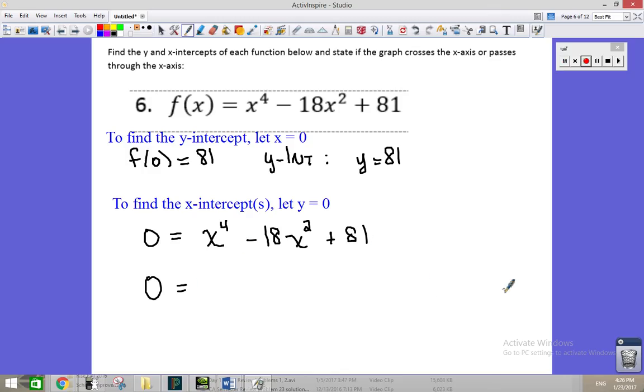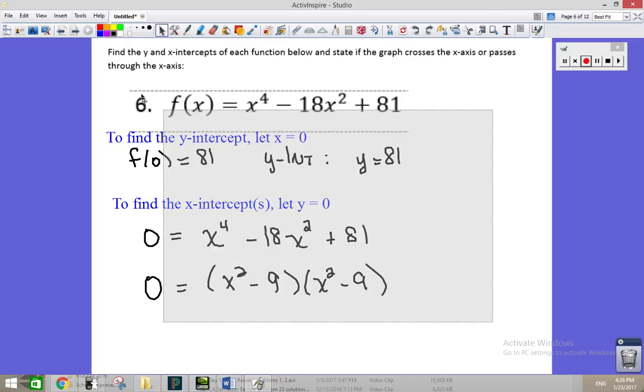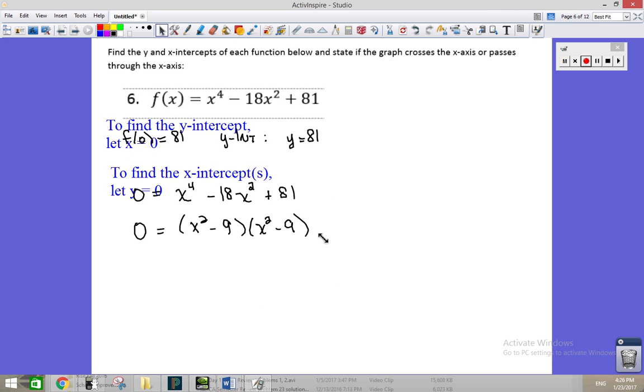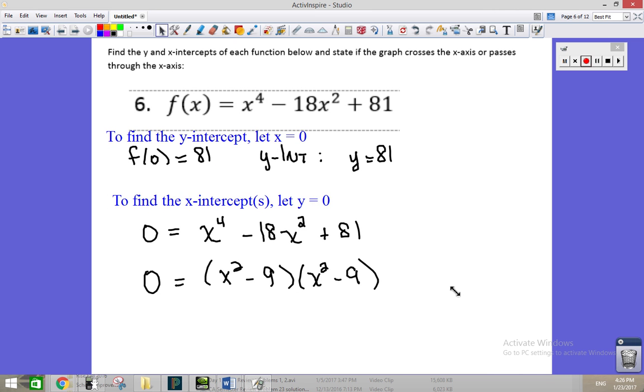We want two numbers that when multiplied give me a positive 81, but when added give me the negative 18. Well, that's easy to see that x squared minus 9 and x squared minus 9 do the trick. You might choose to write this as x squared minus 9 quantity squared.